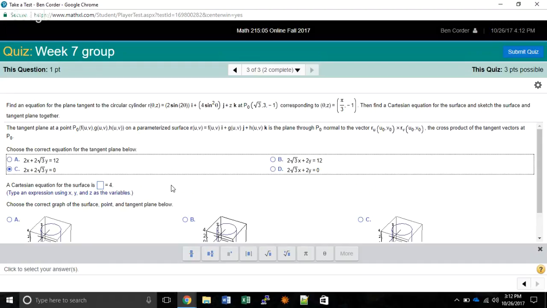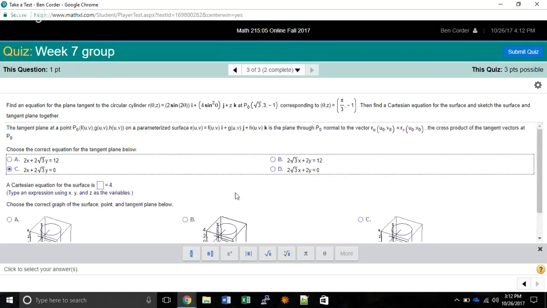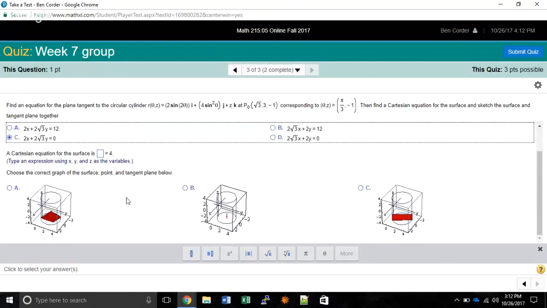If you were to pick a graph for this. A graph for the plane that's tangent to it. So we know that P0 is root 3, 3, -1. That's probably shared by all of them, though. Yeah. Maybe.